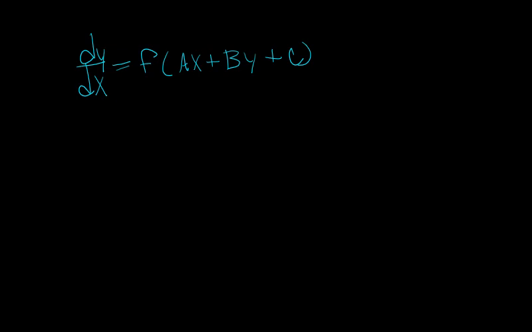And so we have a linear function of x and y. So if we wanted to come up with an effective substitution that would make this a separable equation, recall from single variable calculus that when you had something linear, say if you define u to be a linear function of x, for instance, then du would just be a scalar multiple of dx.